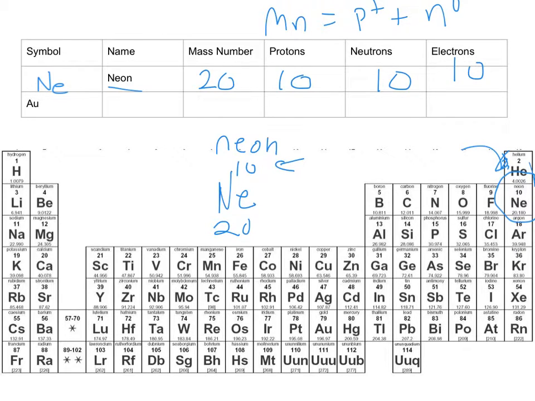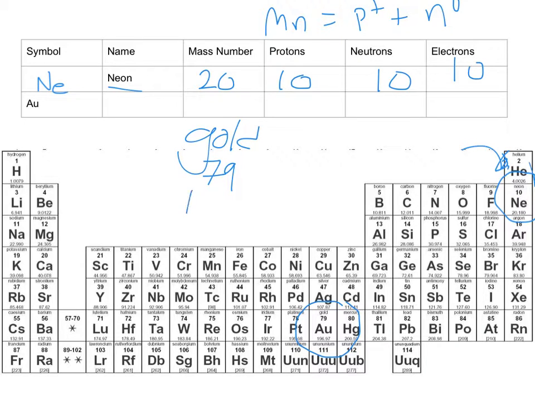Let's clean up our workspace for a minute. All right, there we go. Let's look at the second one. I only give you the symbol, in this case Au. I look around and find it, and it says gold. Gold is element number 79, symbol Au, with an atomic mass of 196.9.